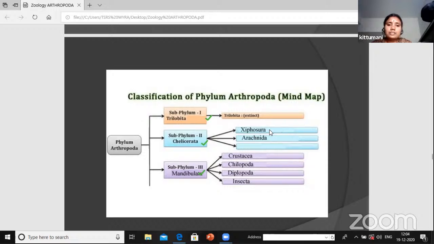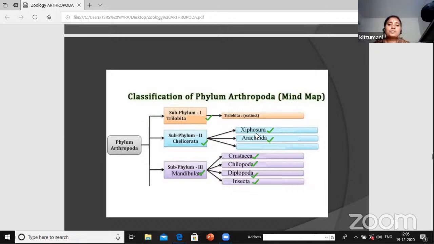Next, in the subphylum Chelicerata, we will observe two classes, Xiphosura and Arachnida. What are they? Xiphosura, Arachnida. Then next, the subphylum Mandibulata is divided into four classes. They are Crustacea, Chilopoda, Diplopoda, Insecta.